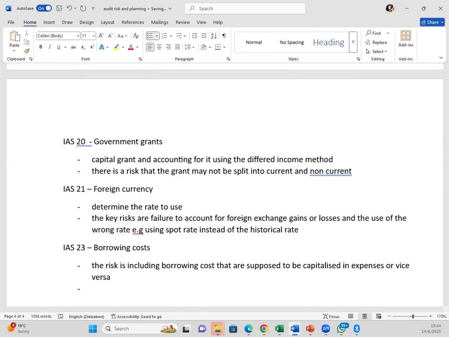Also, remember, we can borrow money. After we've borrowed money, we can invest it. So we can also have a challenge of failure to reduce the borrowing costs capitalized after the amount borrowed was reinvested.